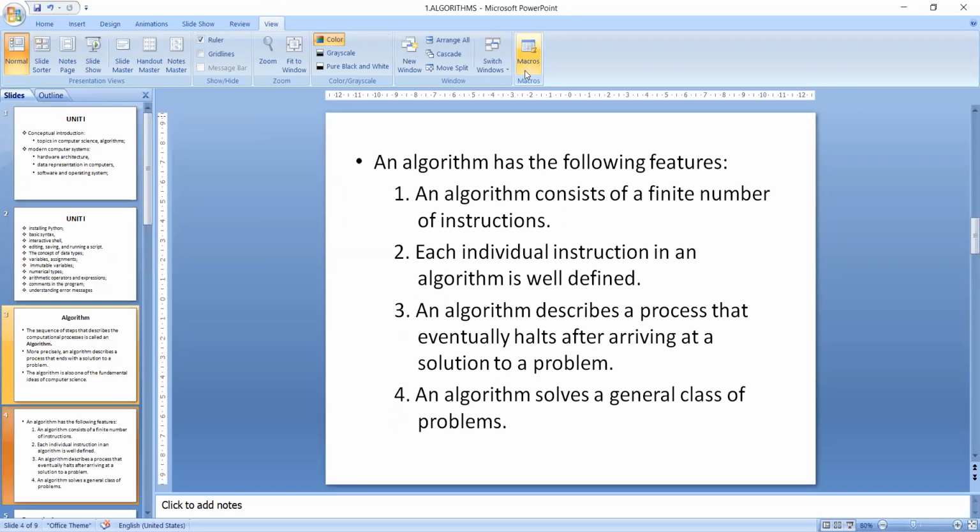After finding a solution, your program safely stops. And step 4: an algorithm solves a general class of problems. So these are the steps we have to follow to write an algorithm.